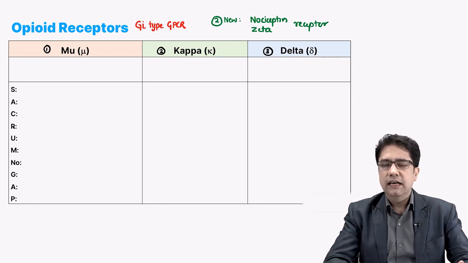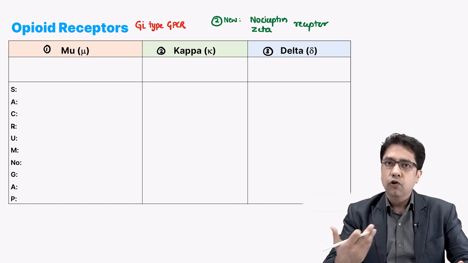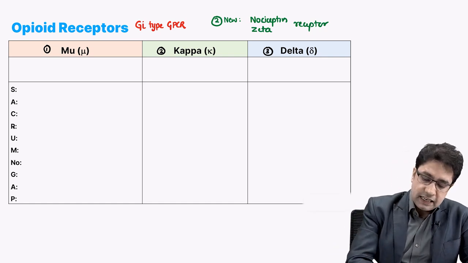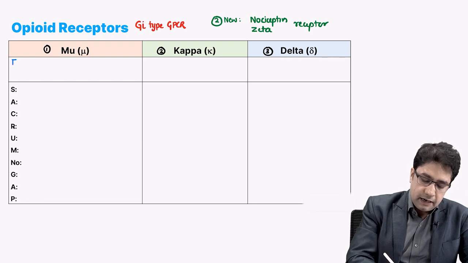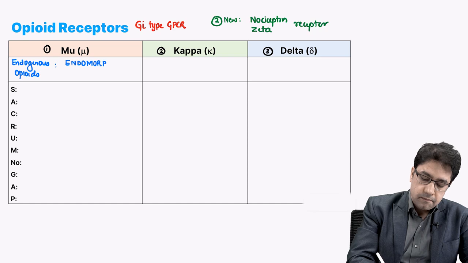So one question arises in our mind: does our body endogenously also produce opioids? The answer is yes. Remember, endogenous opioids are produced inside our body. The endogenous opioid that acts on the mu receptor is endomorphin, or we can write endorphin.